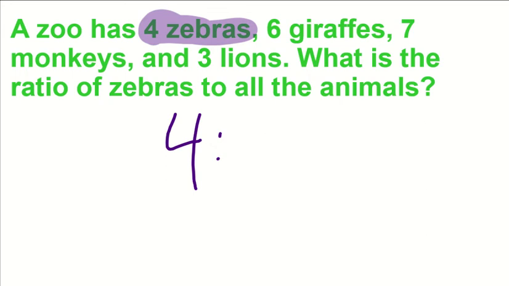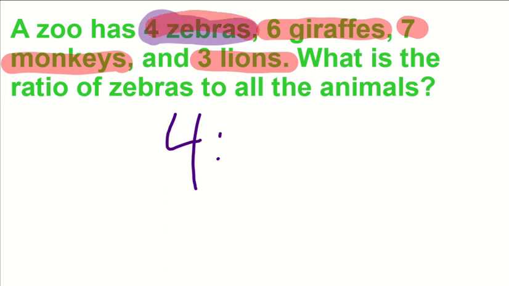All the animals. 3 lions plus 7 monkeys, and that's 10 animals, plus 6 giraffes, that's 16 animals. Hey, guess what? Zebras are animals also. So that is 20 animals.